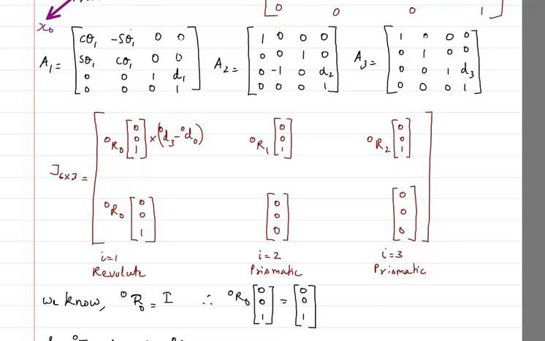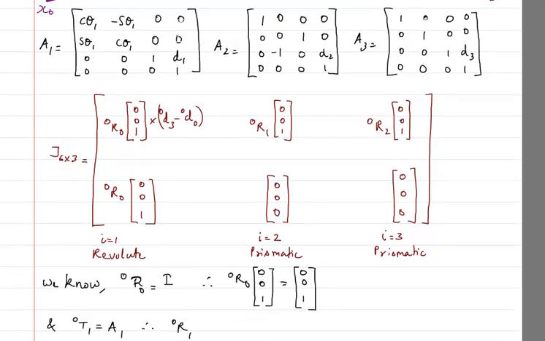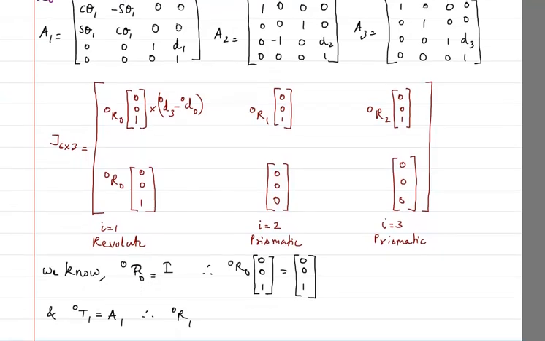If I take the 3 by 3 matrix here, that will be the one, so I can directly write this one as the matrix which is having cos theta 1, minus sin theta 1, sin theta 1, cos theta 1, 0 0, the last is 0 0 1.